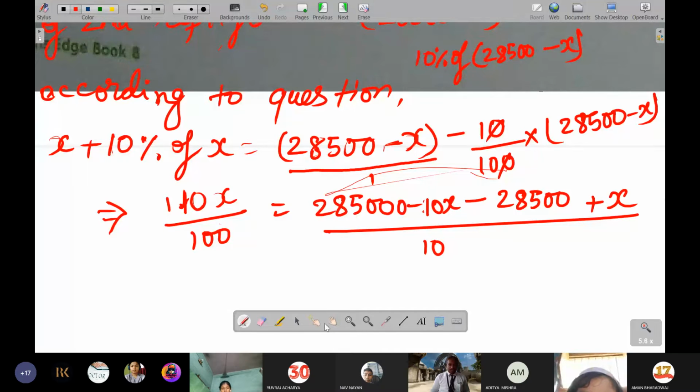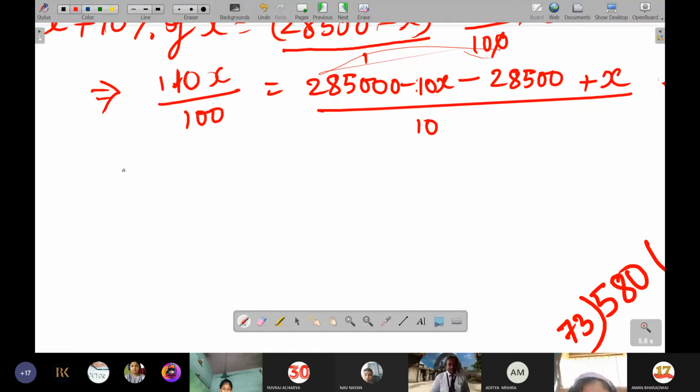So now it will become 11x by 10. Or simply we can cancel also, like this, this head it will cancel, and this will be cancelled. So you can say 11x is equal to 2,85,000 minus 28,500.